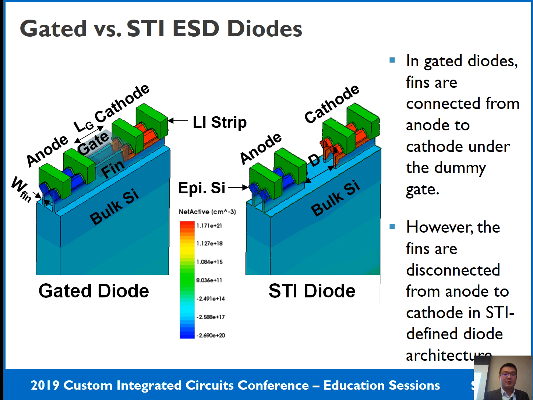In this gated diode, the fins connect from the anode to cathode under this dummy gate structure. But in the STI diode, the fins are disconnected from anode to cathode. These two different diodes will have two different current distributions. I will show that later. But let's first look at the 100 nanosecond TLP measurement result.